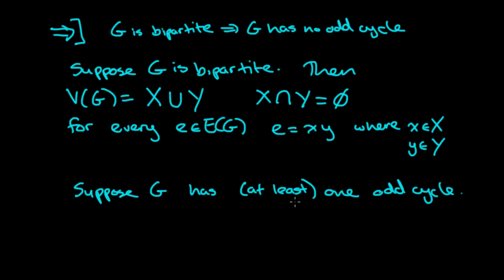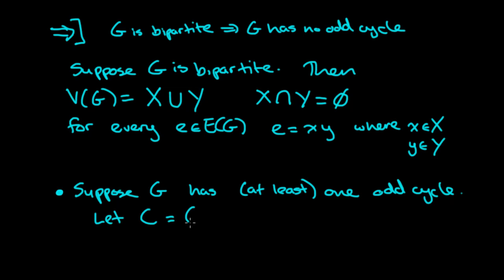We only need to suppose it has one odd cycle in order to show that this won't work, but it could have more. We're going to have a contradiction in this case. So we're going to suppose that it has an odd cycle and then show that this is impossible.